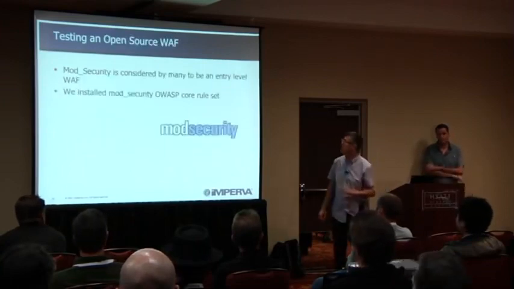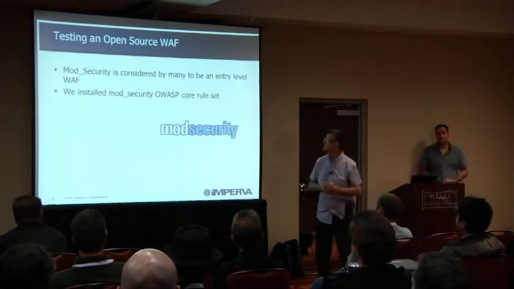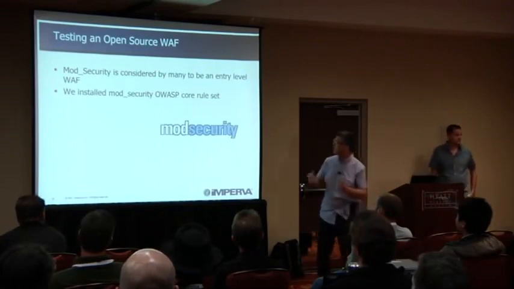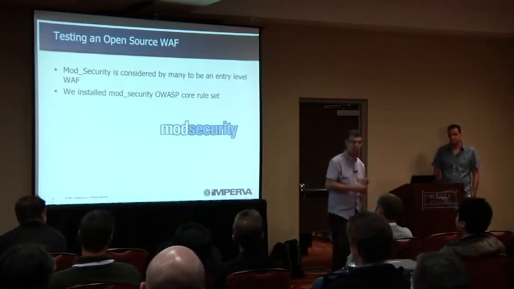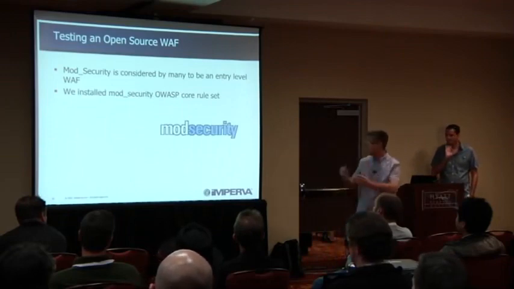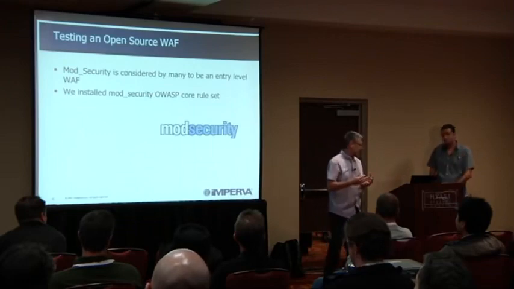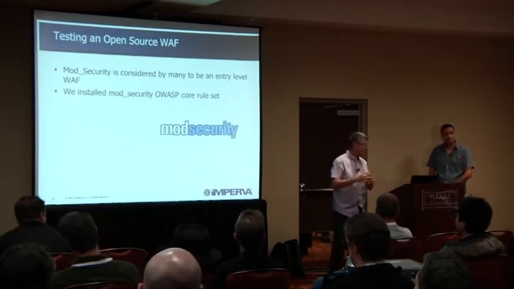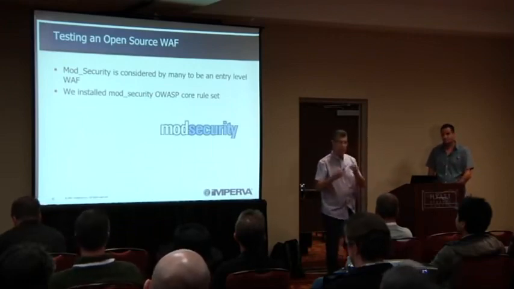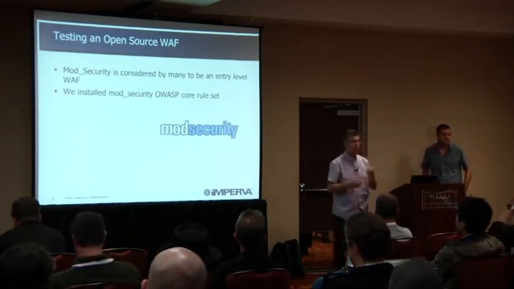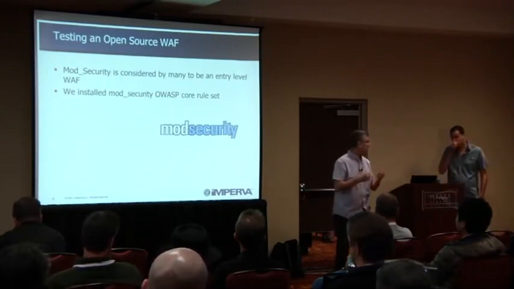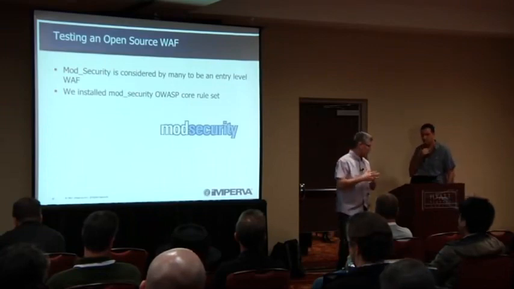And the second scenario that we've tested is the open source web application firewall ModSecurity, which is considered to be an entry-level web application firewall. And again, you'll see the trade-offs there, and really something that allows an organization to get an understanding of the quality that the WAF provides.